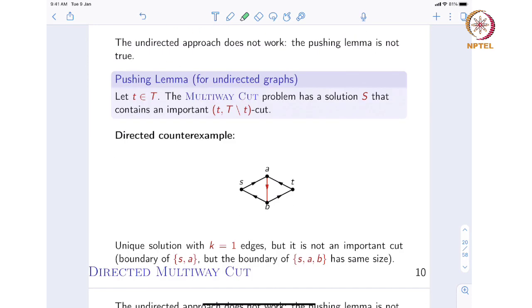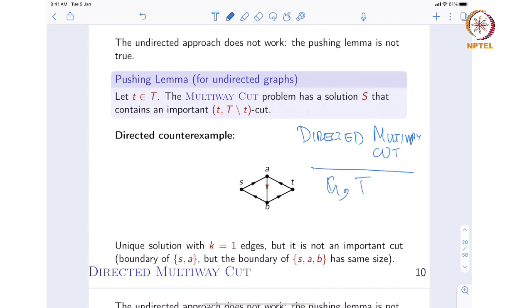Okay. So suppose I wanted to solve not undirected multi-way cut, but directed multi-way cut. So what is a directed multi-way cut? In the directed multi-way cut, you are again given a directed graph G, a set T and k, and you want to delete k vertices so that between any pair of vertices in T, there is no directed path.